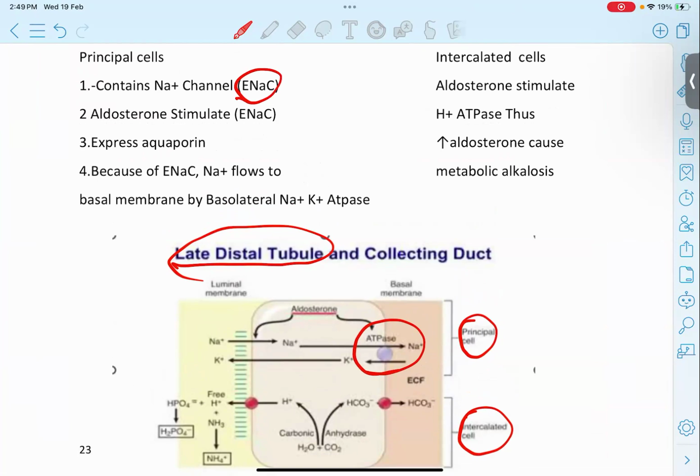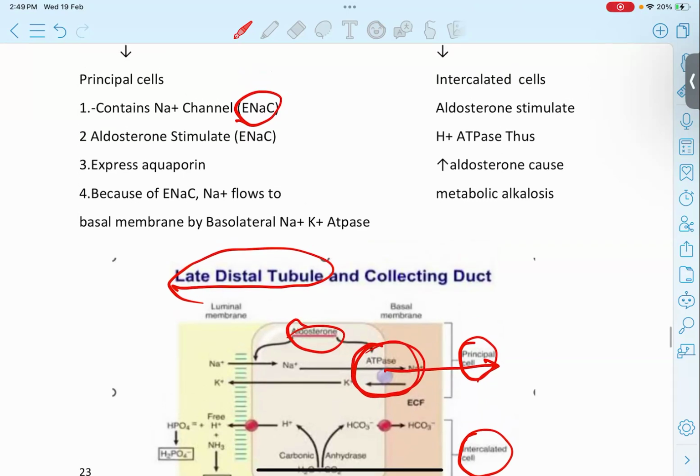In the principal cell, aldosterone stimulates the ENaC. How it works, we already know. The principal cell also helps to express aquaporin, which is a protein to let water enter. Because of the ENaC, sodium will enter and be pumped into the basement membrane by the basolateral sodium potassium ATPase pump.